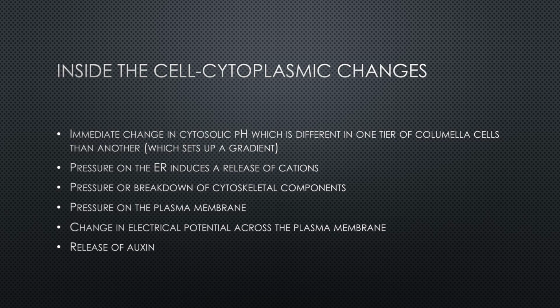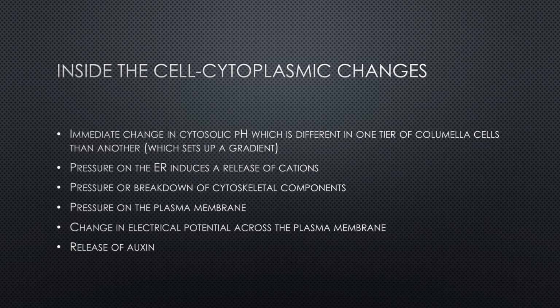When those amyloplasts fall, there's pressure on the endoplasmic reticulum, and that actually starts a release of cations. So in this case, it's not a ligand-mediated ion channel release. In this case, it is a pressure release on those same ion channels, or maybe not the same ones, other ones.